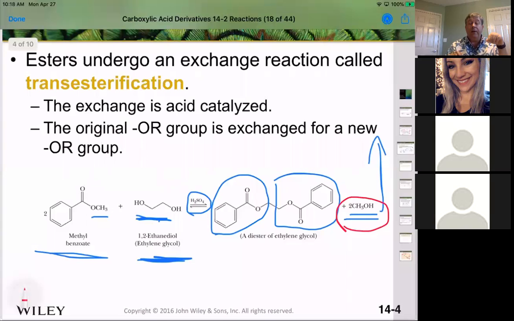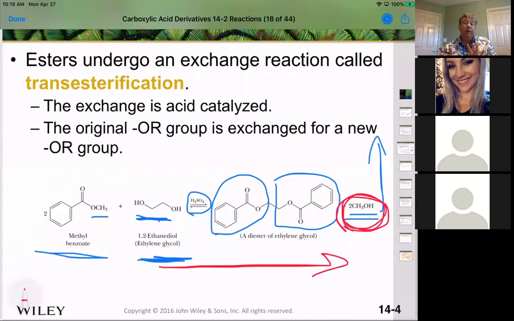Okay. With the esters, this is an equilibrium because you have an alcohol exchanging with an alcohol. Typically, this is acid catalyzed. And to drive the reaction to completion, you have to remove preferably the lower molecular weight alcohol, or maybe an alcohol that's not very soluble. So you can drive the reaction by taking it out of the solution, okay?